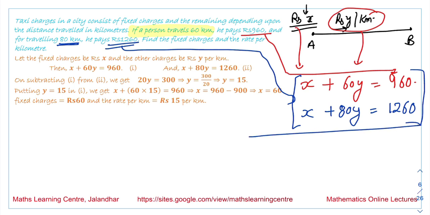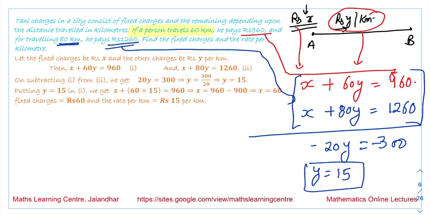If we subtract these two equations, we get minus 20y is equal to minus 300. So the value of y is equal to 15. If we put this value of y in equation 1, we get x plus 60 into 15 is equal to 960.